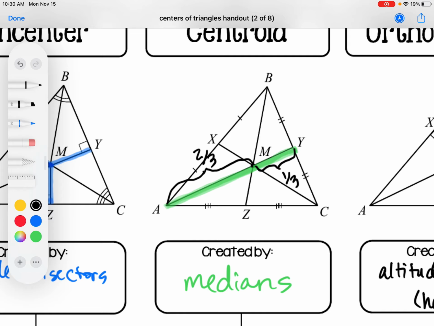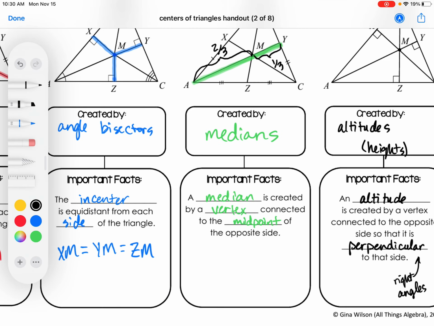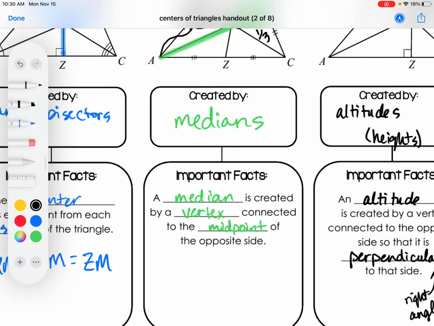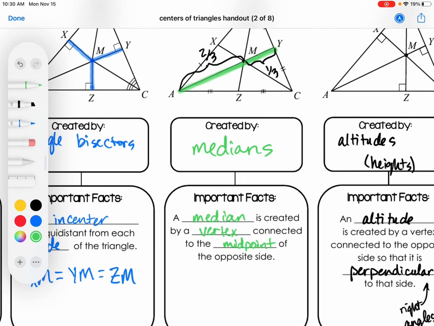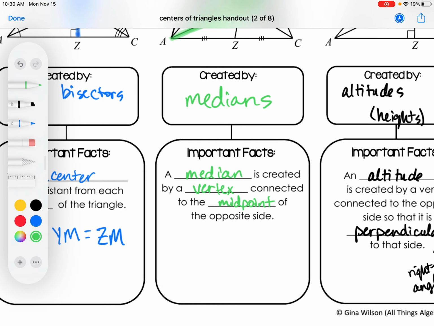And that sets up some pretty complicated little equations. Now, I say they're complicated, they're really not. It just looks like it because it's got some fractions in it, okay? It sets up like this. AM, the distance from the corner to the centroid, is 2/3 of the length all the way across from the corner to the midpoint.